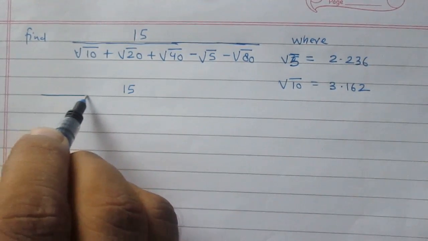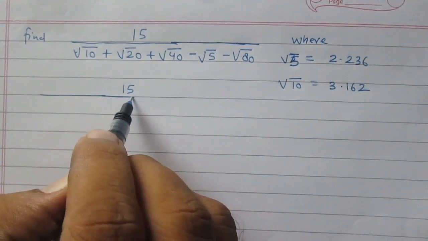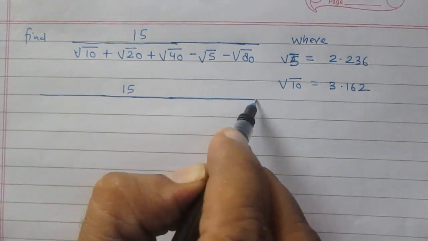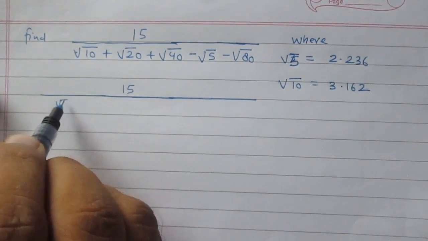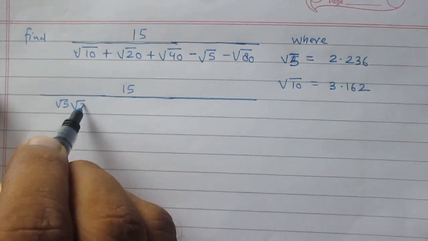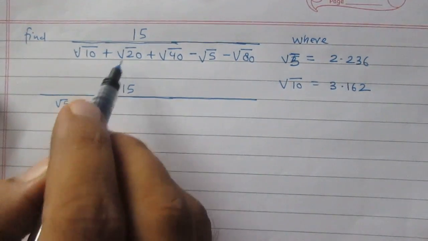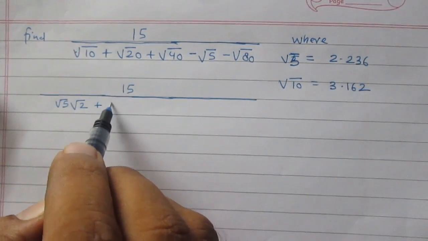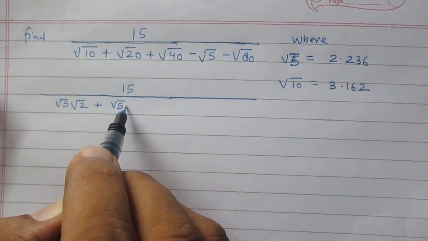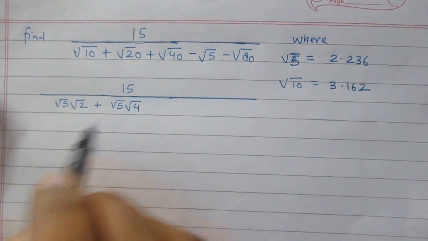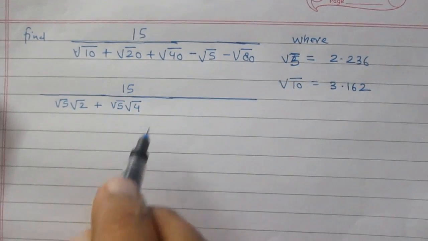The denominator of this fraction can be rewritten. Square root 10 is the multiplication of square root 5 and square root of 2. Square root 20 is the multiplication of square root 5 and square root 4, because 5 4s are 20.